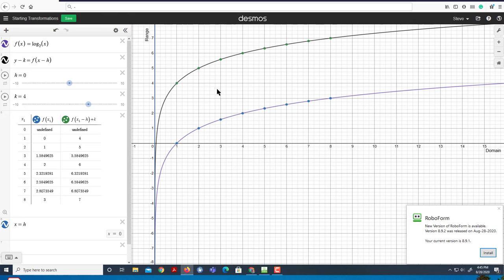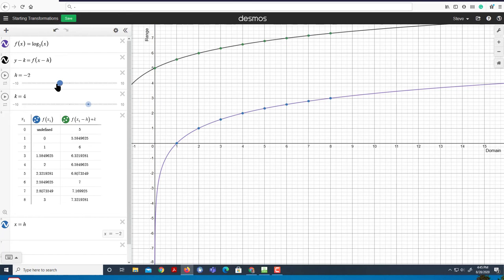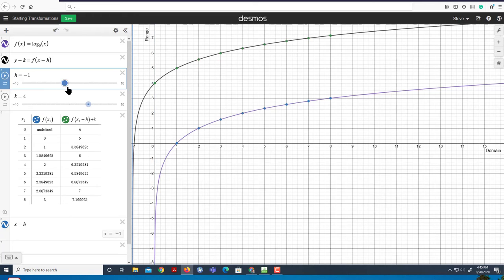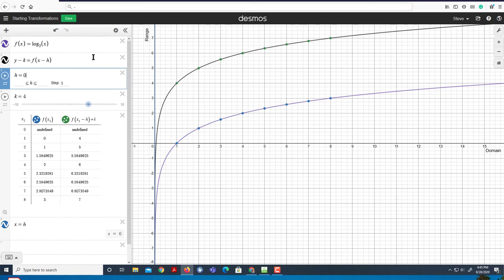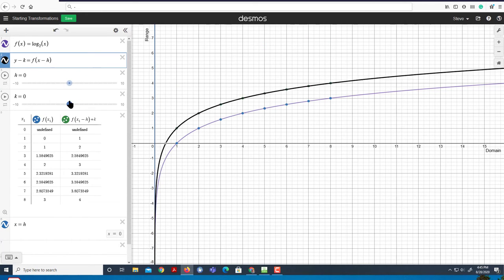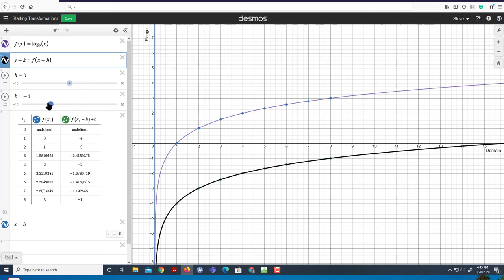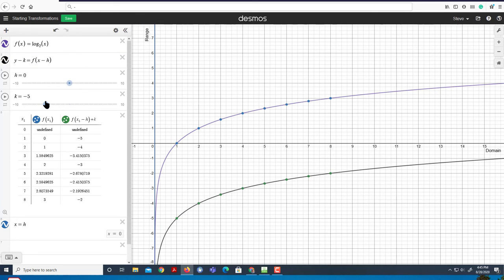Every ordered pair is shifted 4 units up. Notice it's the same behavior as before. If I would have added or subtracted a negative, which is adding a positive, I would go downwards in my translation.